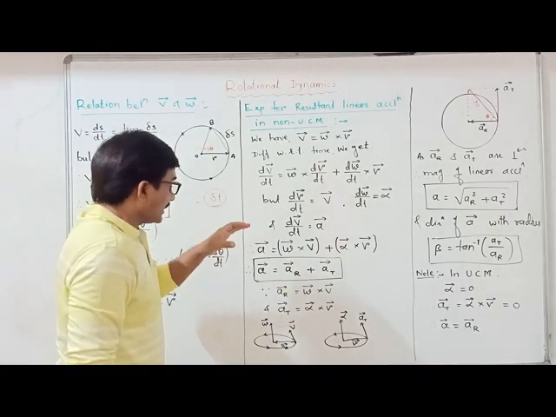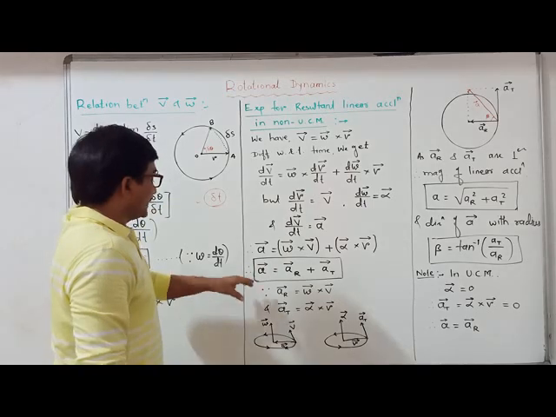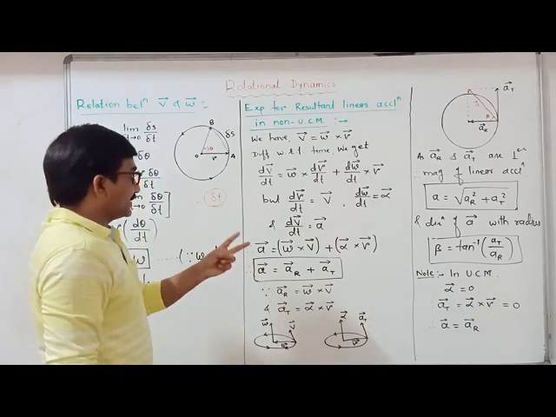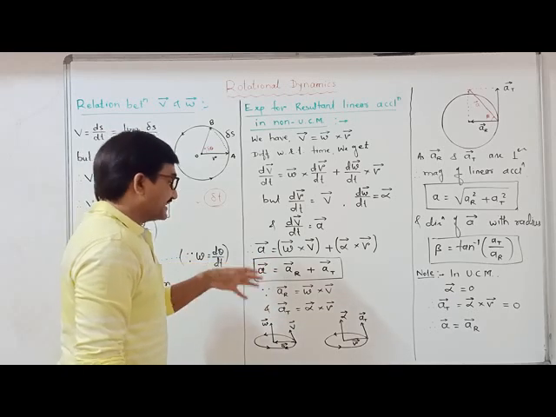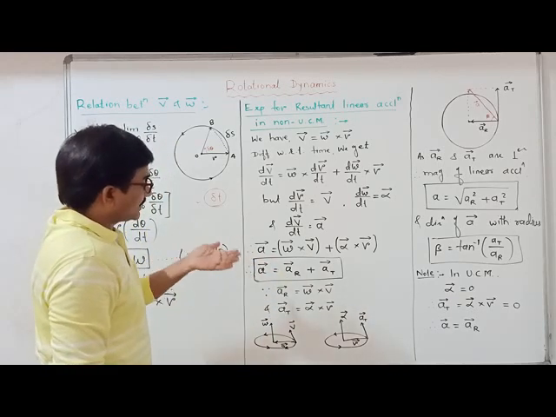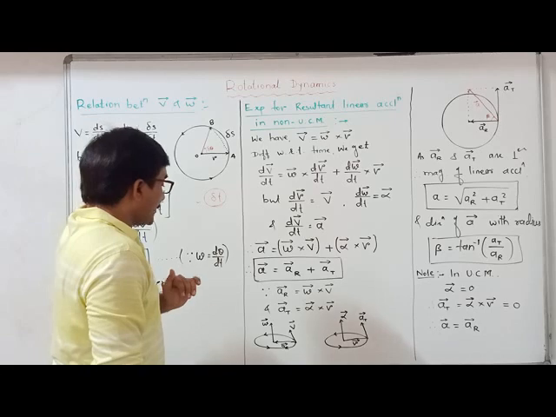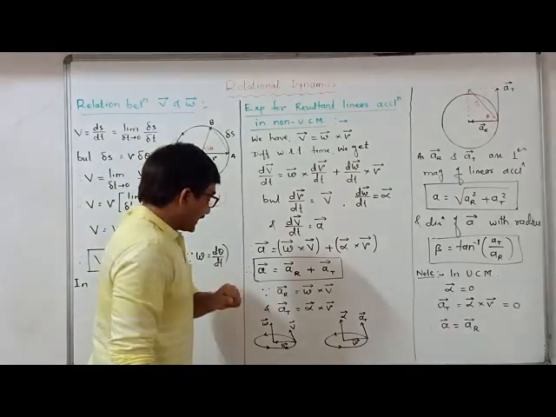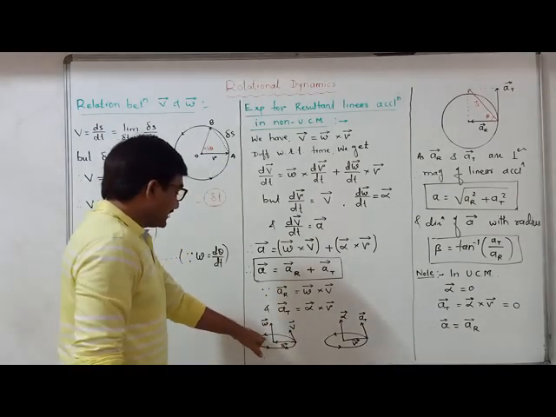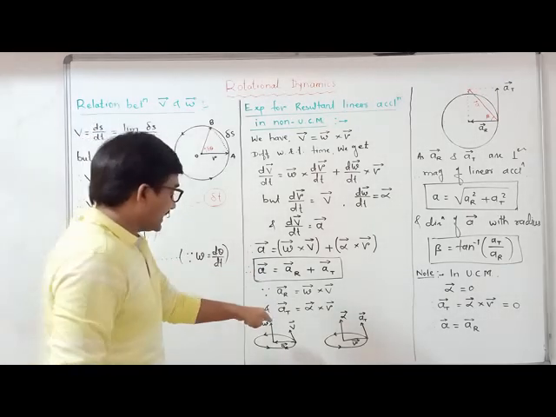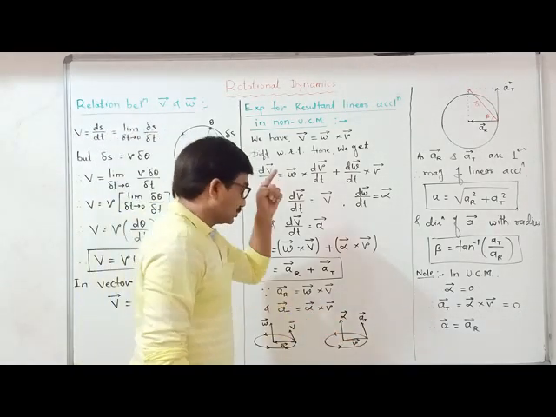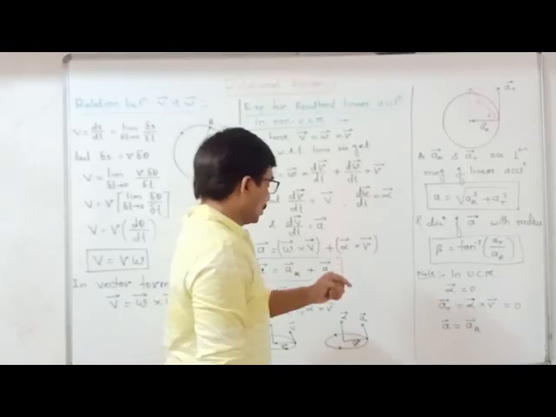So here in a non-UCM, the total linear acceleration has two components, a radial component and a tangential component. Radial acceleration is directed along the radius and towards the center of the circle, and tangential acceleration is along the tangent to the circular path.